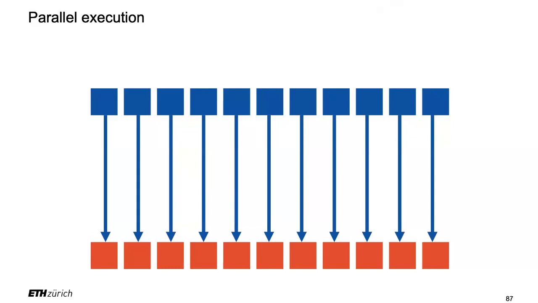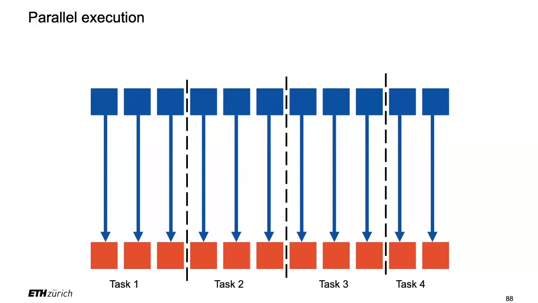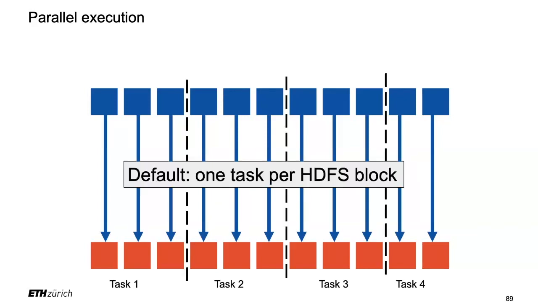Okay, so now we have made 4 tasks in order to physically compute the transformation. It's physical, right? The user doesn't care. The user of Spark just sees this. This is a physical implementation. By default, it's not very different from MapReduce. By default, Spark is going to try to size the tasks in such a way that roughly the input is 1 HDFS block, so 128 megabytes.